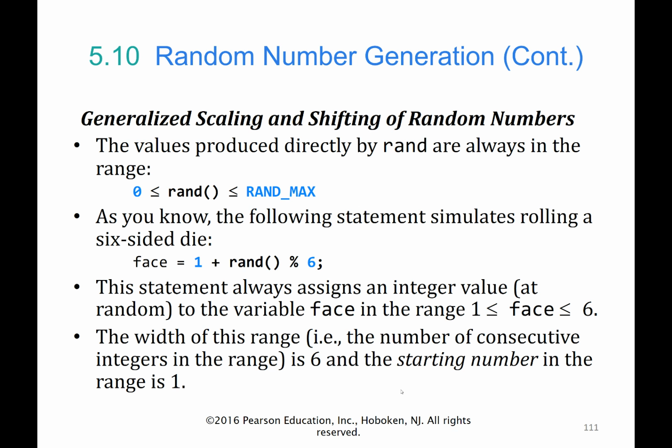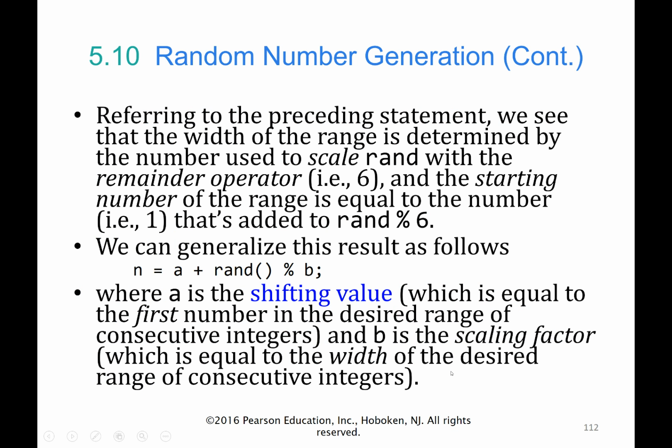So right there, regarding scaling again, this is the way we did it. Our general form is n equals our starting value plus rand modulus how many values we have.